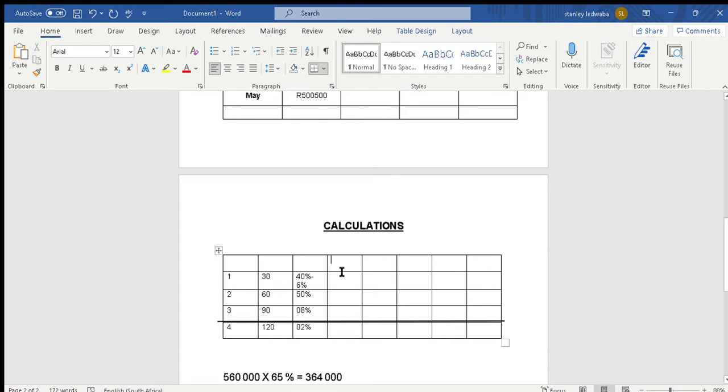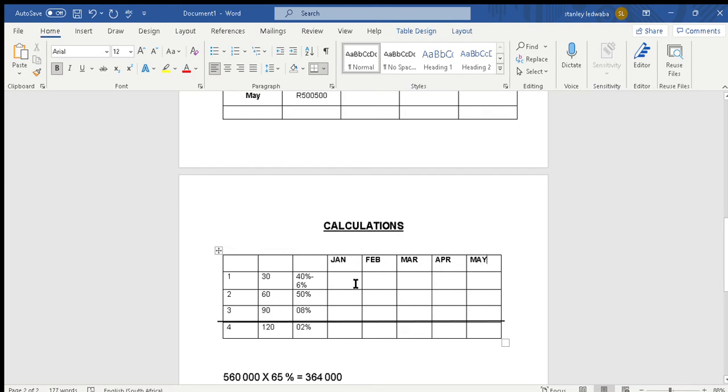We have January, February, March, April and May.